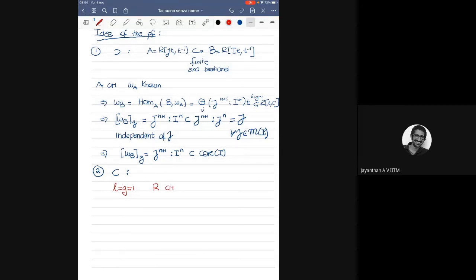Actually, you just need Cohen-Macaulay and any characteristic, and it gives a different formula for the core, and it gives the following formula. The core of I is J^(n+1) colon, not I^n, but a strange ideal.